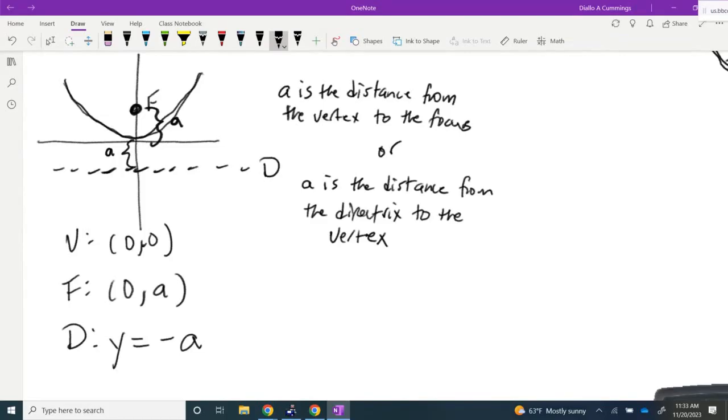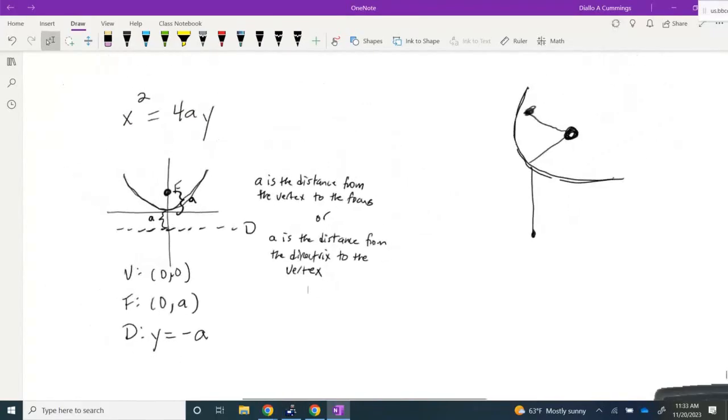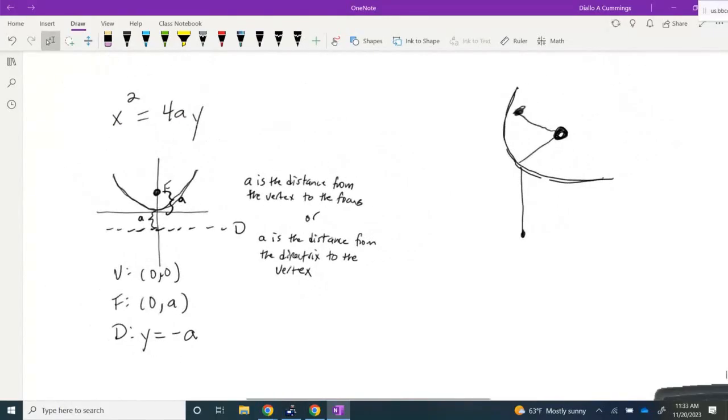Okay, so that's the significance in finding a. If you find a, you can simply substitute that in for your focus, and you can substitute that value in for your directrix. Okay, so that's true for all of these conics that we're going to talk about.